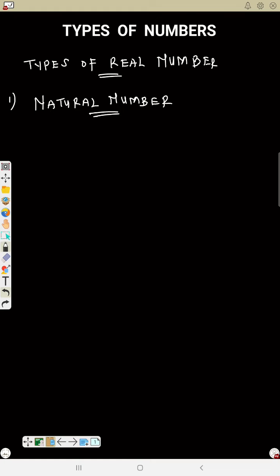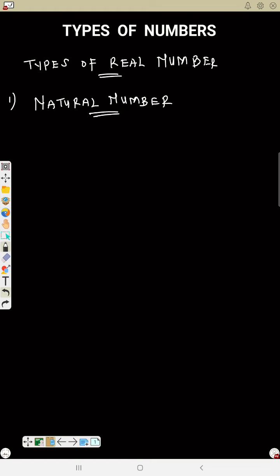All the counting numbers are called natural numbers. Any numbers as we count 1, 2, 3. So all counting numbers are natural numbers.